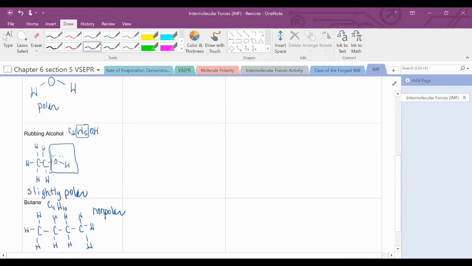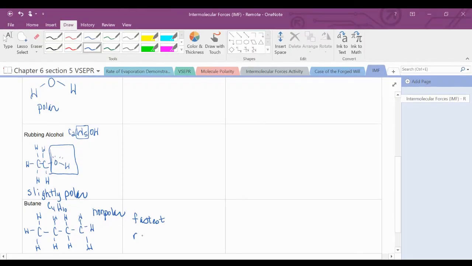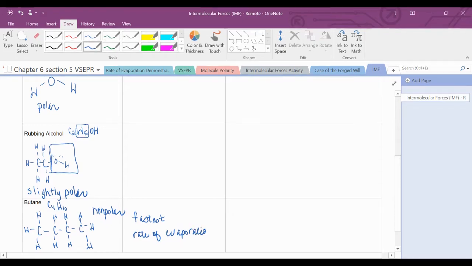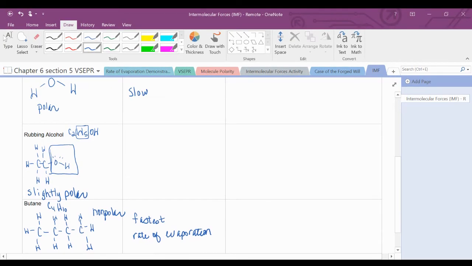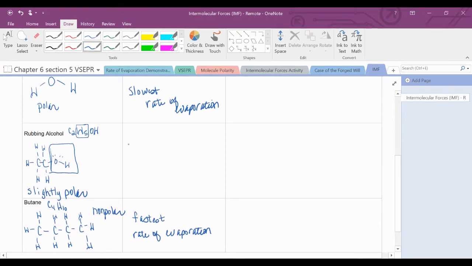Okay. So if we looked at the graphs, we saw that butane had the fastest rate of evaporation. Water had the slowest rate of evaporation. And we're just going to call rubbing alcohol in between the two, so we'll say it has an intermediate rate.